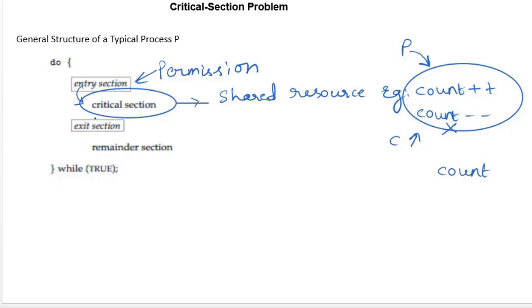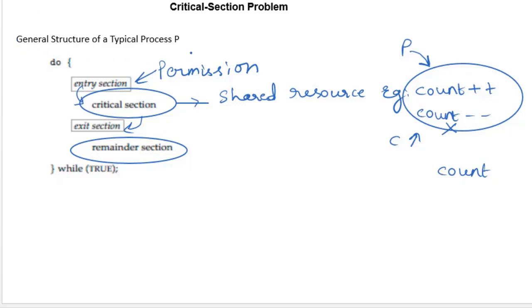And the section of code which immediately follows critical section, we call it as exit section, and all remaining code in the program, we call it as remainder section. I hope the concepts are clear here. I repeat, this is an important concept that has to be understood clearly.